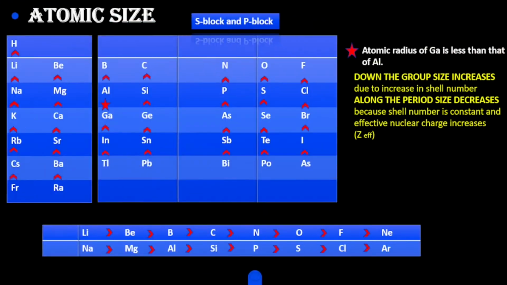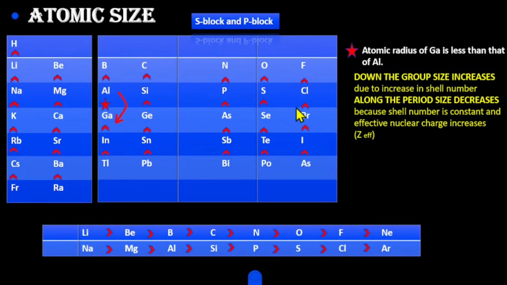Another important point, atomic size. We will see how size varies in s, p, d block along the group and along the period. Here you can see in general, as we go down the group, whether it is s block or p block, size will increase.